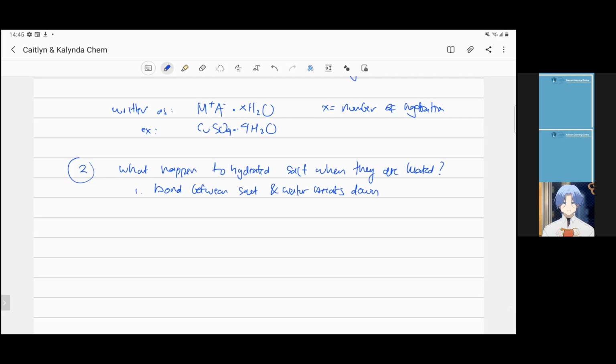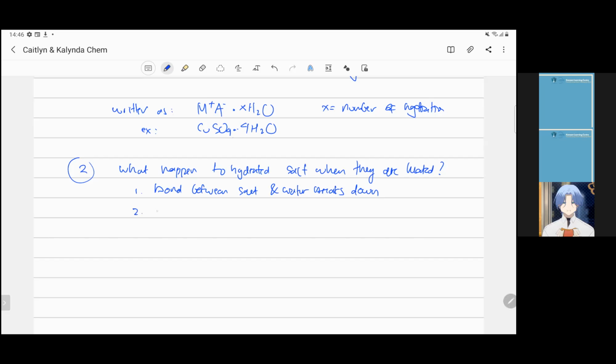We have the bond within the salt molecule, that is the strongest. We have the bond inside the water molecule, hydrogen to oxygen, and that is the second strongest. The weakest is between the salt and the water. So when we heat them, that is the first bond that's broken down.